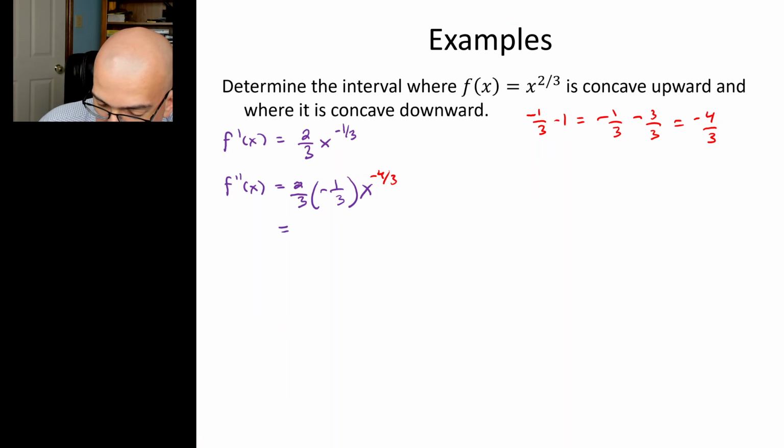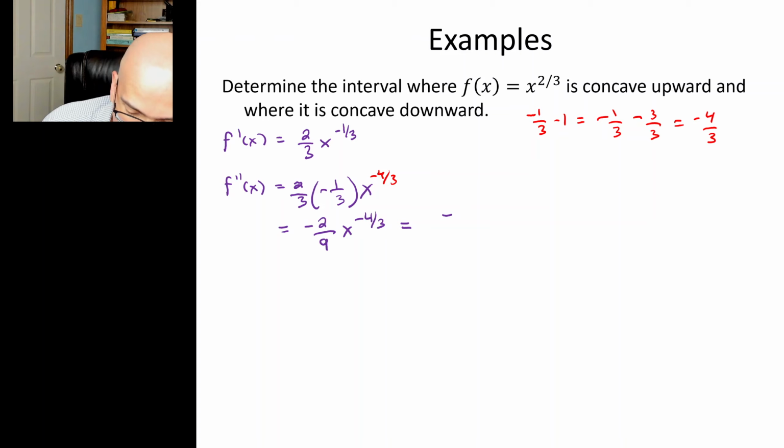The fractions multiplied together, top times top, bottom times bottom, so we get negative 2 over 9 times x to the negative 4 over 3. And we could do one more step. Since we're going to be examining this, perhaps plugging numbers into it, let's rewrite this properly, x to the power of 4/3 in the denominator.